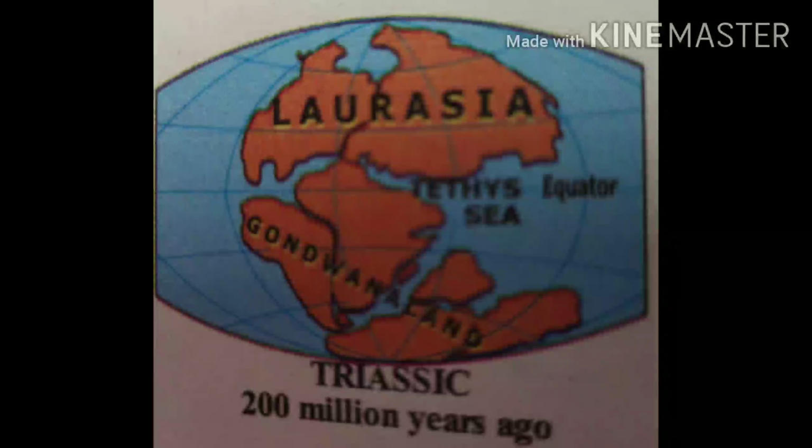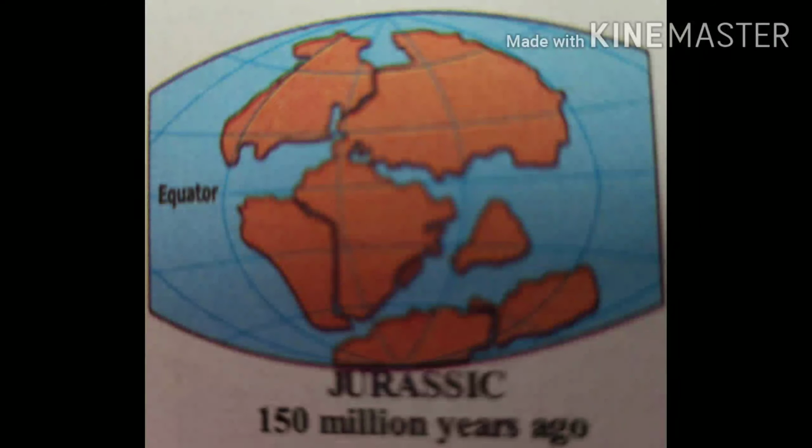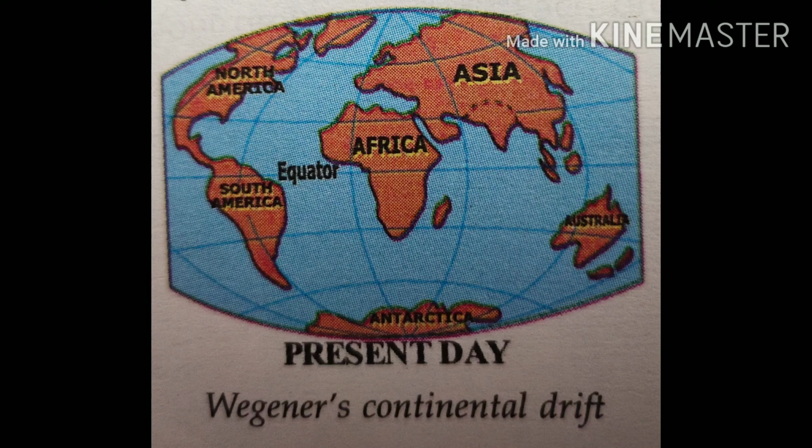It is there in the textbook. All the pictures are there in the textbook. Next is 150 million years ago. 65 million years ago. And next is what it is now in the present day. It is Wegener's continental drift.